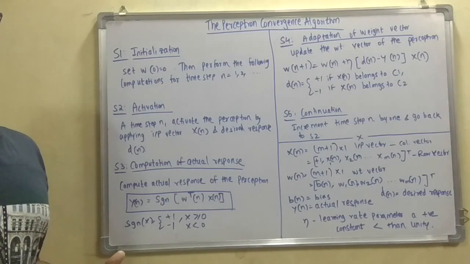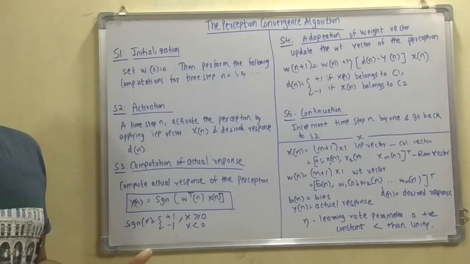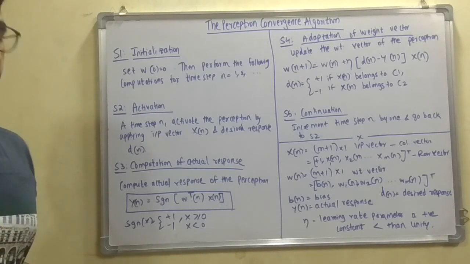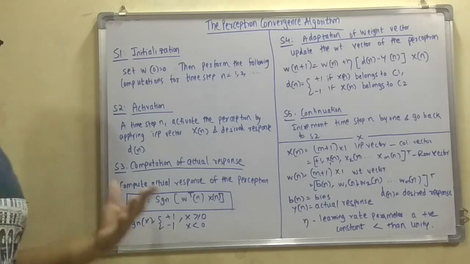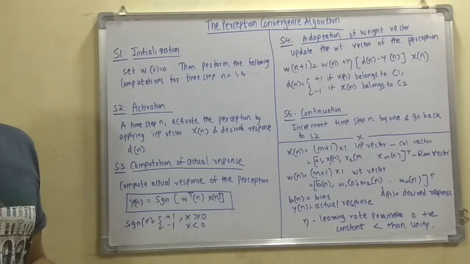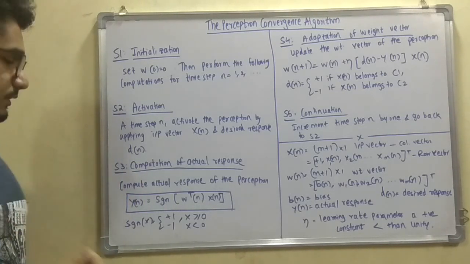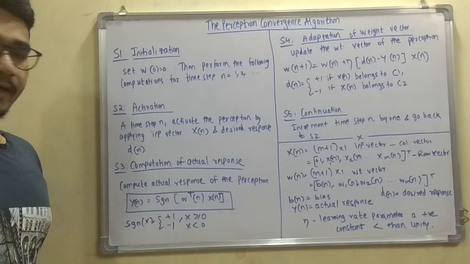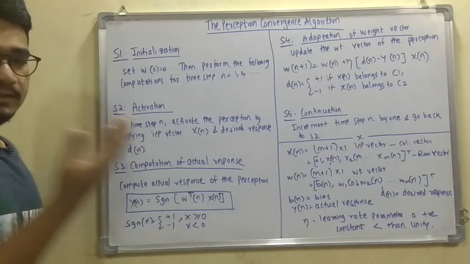In the earlier video I discussed 3 main activation functions: the Heaviside function, the piecewise linear function and the sigmoid function. That was just for small computations. For larger and more complicated problems we use the signum function. The signum function is +1 when x is greater than or equal to 0, and -1 when x is less than 0.